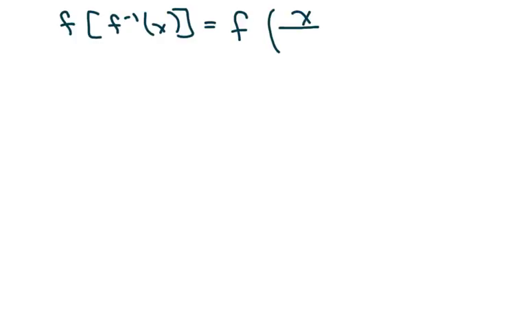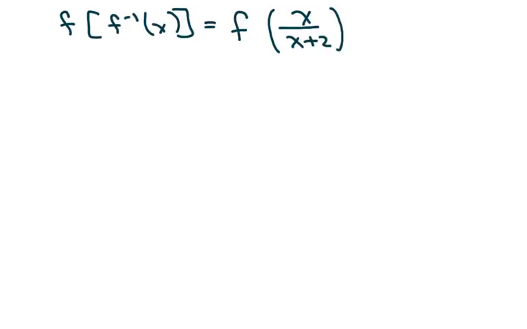The way we verify is compose f with f inverse. And when we do that, we should get x. So basically, I'm going to input my f inverse, which is x over x plus 2.